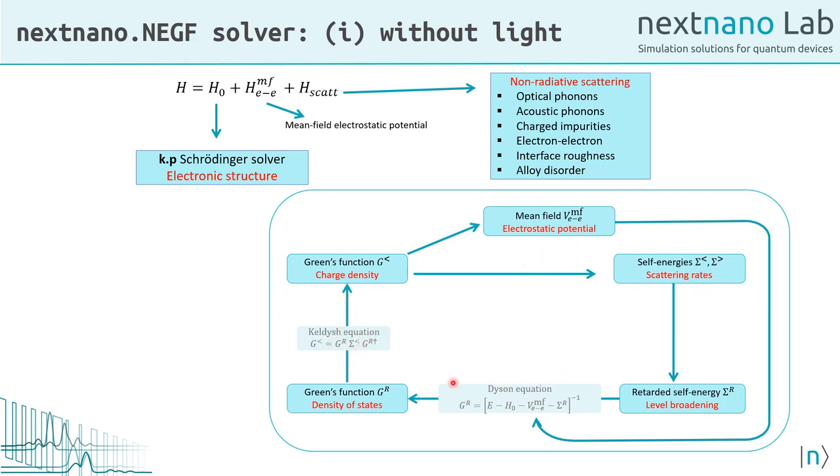And these different quantities are linked self-consistently because the charge density induces a different electrostatic potential, which in turn is plugged into the Dyson equation, while the self-energies are linked to the calculation of the lesser Green functions. So once these self-consistent equations are solved, we are able to extract physical observables such as current density and gain calculation.